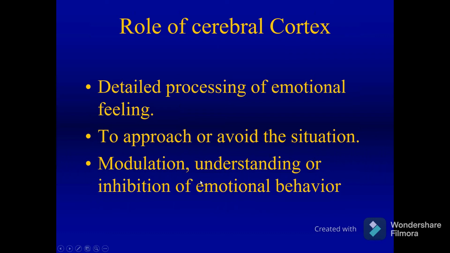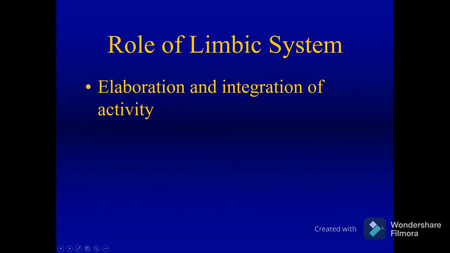Then there is modulation, understanding, or inhibition of the emotional response. Then what is the role of the limbic system? The limbic system is important for the elaboration and integration of activity. It is important for elaboration of emotion.